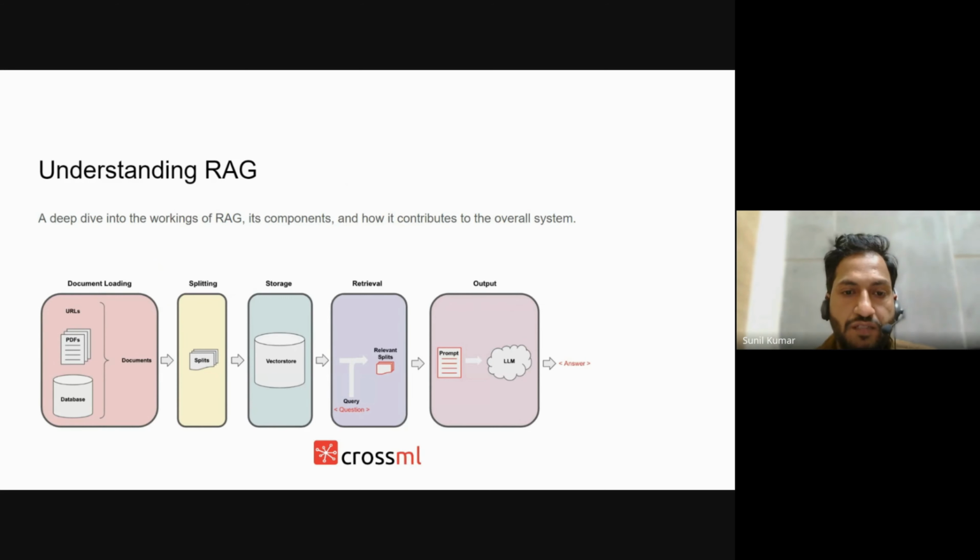For this storage you can use vector store databases like ChromaDB, FAISS vector store, and Pinecone, which is very trending nowadays. These are vector databases. You can use any vector database for making the knowledge base for our LLM model.